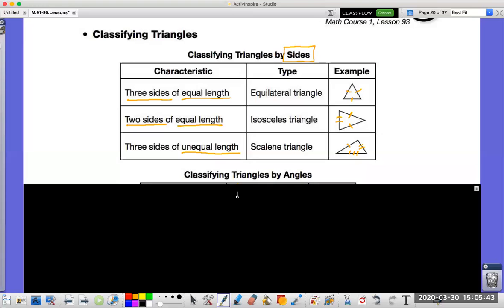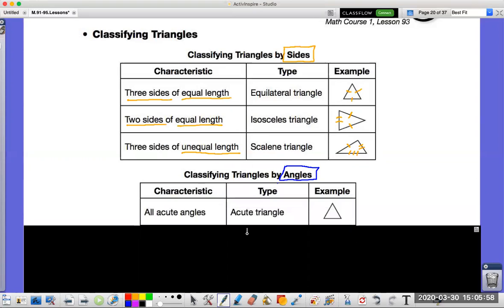So you could have the same triangles, but just looking at the angles, not looking at the lengths of their sides. If we're just looking at angles, you could have an acute triangle. If you remember up here, it was an equilateral triangle. Well, down here, we're going to name it differently based on it having all acute angles. What are acute angles? Well, we learned about acute angles way back in lesson 28.